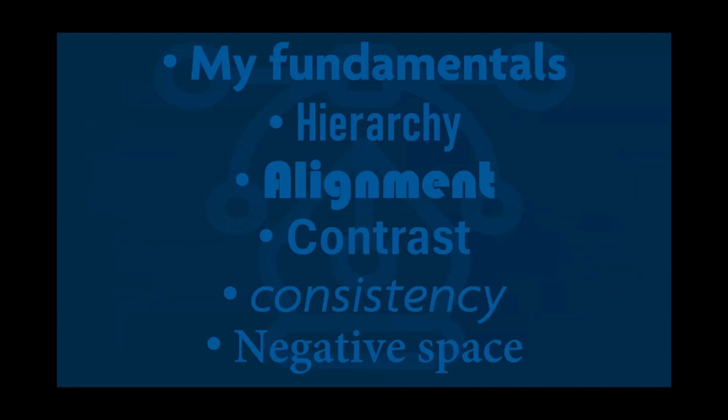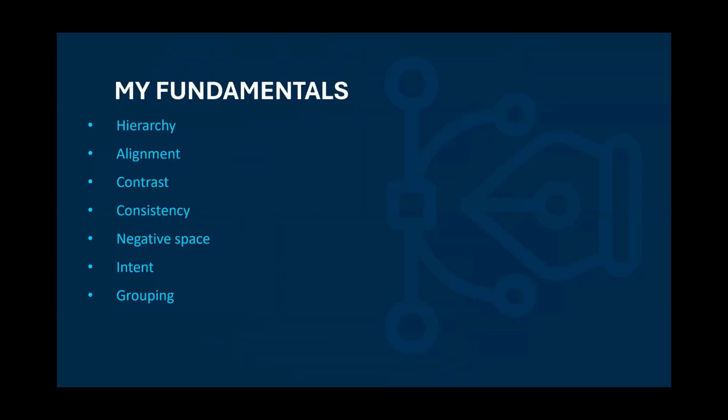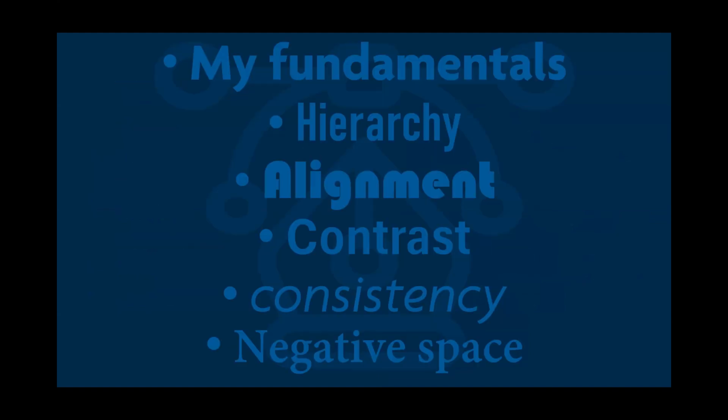So once again, for each one of these fundamentals, I'm going to go through and show you real world examples that I found on the internet where just following the simple rules makes it look a lot better. But for now, I'm going to go in between these two pages to give you a quick introduction to this list. Hierarchy, that is the first one. And in a way, I feel like that's kind of the most important one when it comes to directing your viewer's attention.